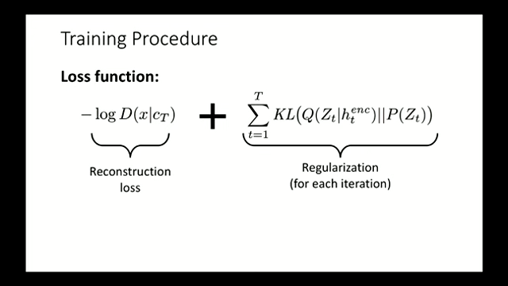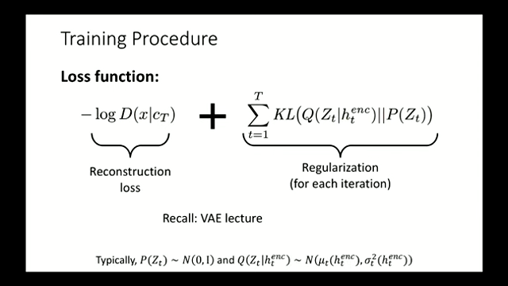But remember, we have T iterations because this is an RNN. So we have to add this loss for all iterations. Recall the VAE lecture. It's the exact same structure and exact same reason. And typically you choose the prior to be Gaussian with zero mean and identity matrix variance. And the posterior is also Gaussian with means and variances controlled by your encoder state.